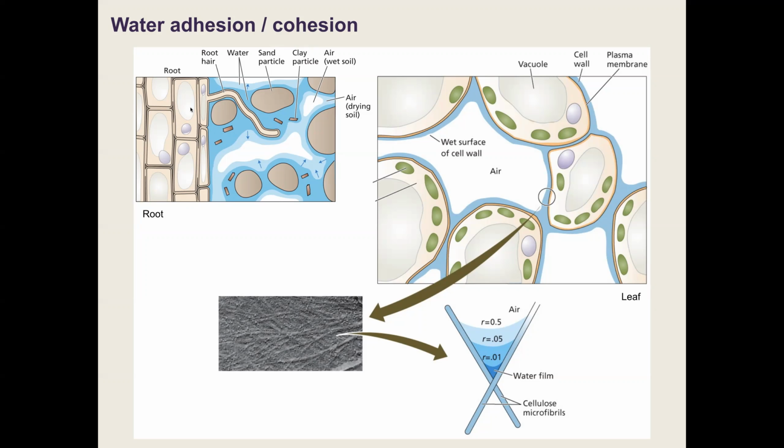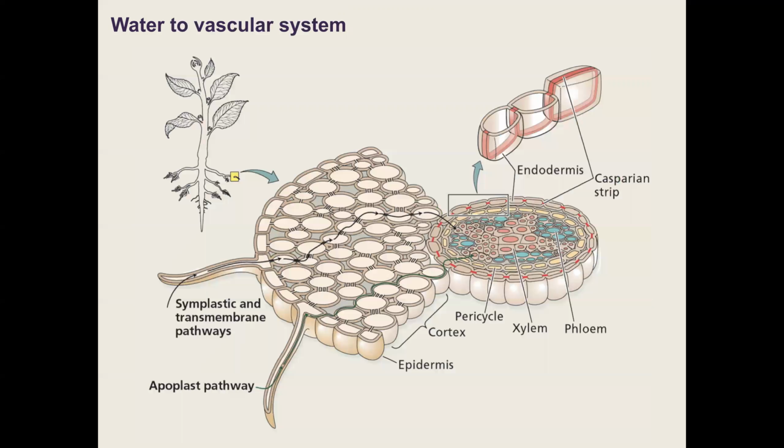The cohesion part is that if some water gets pulled in, then the water is sticky for other water molecules. And so pulling a little bit of water, other water will potentially come with it. And then this other part of the illustration is showing that cells are wet, but also the cell wall and surfaces around the cells will stay wet because that cellulose is very good at pulling water around them.